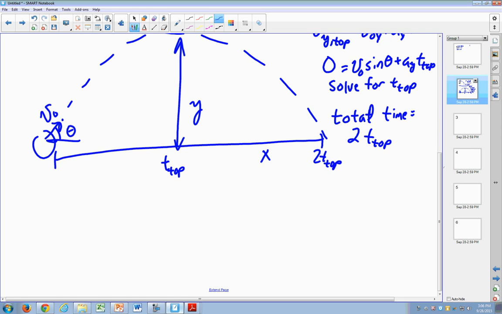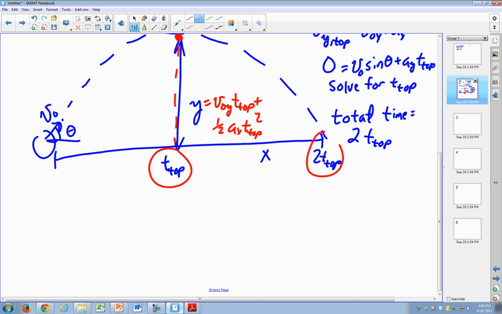So then I could ask a couple things. To find y, I would say it's v naught y times t top plus 1/2 ay t top squared. Right? I use t top because that's the time when I'm at the highest point in the trajectory.